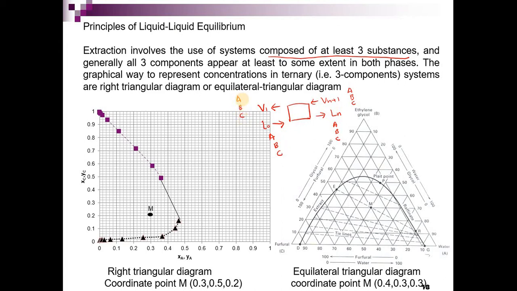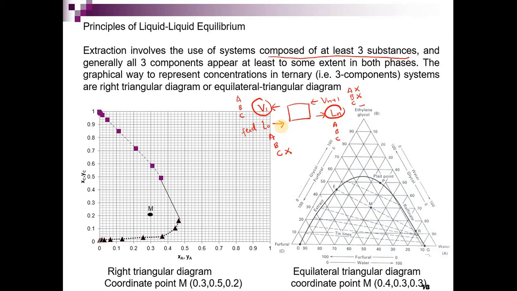Even though we know that in the feed L0 we don't have C actually, and in the solvent, if it is a pure solvent, A and B don't exist, only C has a value. But for the product extract and raffinate, we have 3 types of component.